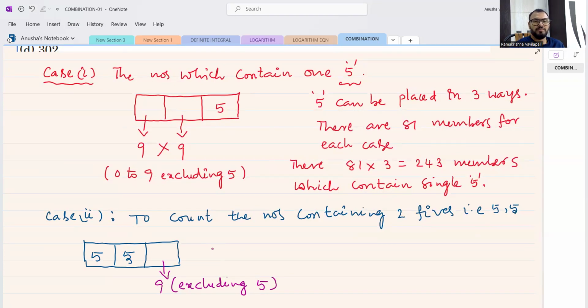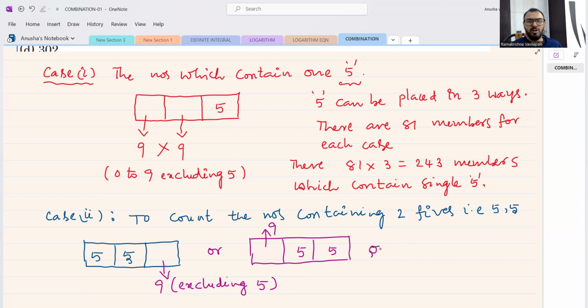Or suppose those 2 fives occupy the last 2 places, then this can be filled in 9 ways. The meaning of the first statement is there are 9 numbers which contain 5 and 5 in the first 2 places.